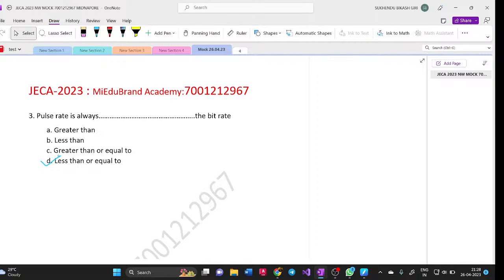So the relationship between pulse rate and bit rate is: bit rate equal to pulse rate multiply by log L base 2.